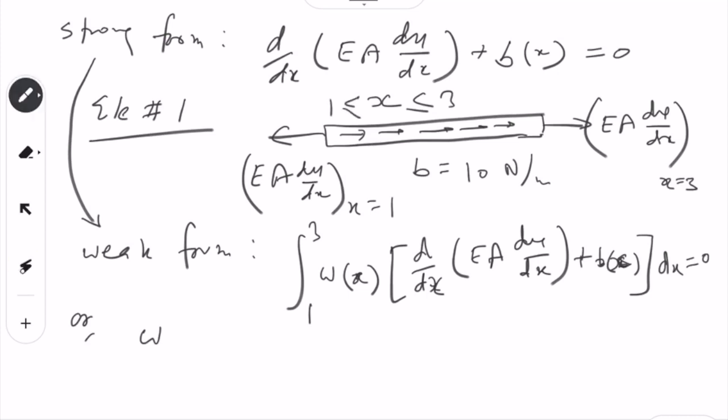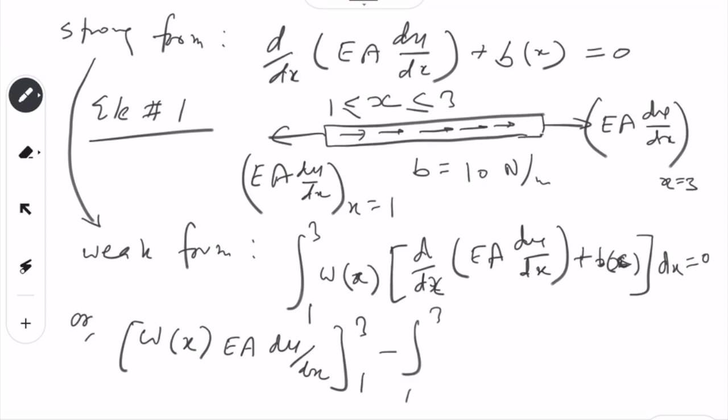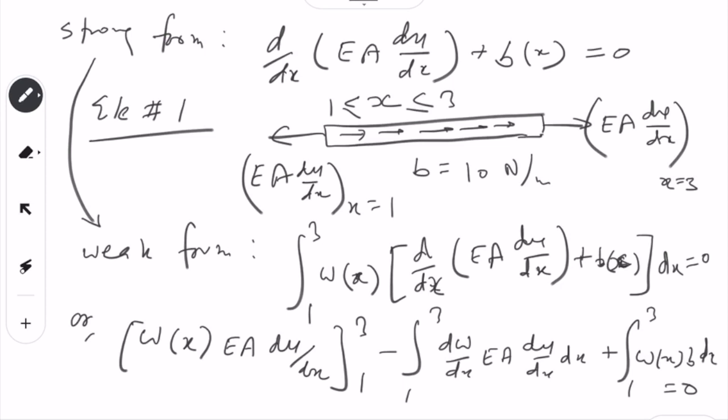So we have Wx EA du over dx evaluated from 1 to 3, then minus the integral from 1 to 3 of dw over dx EA du over dx, and then plus the integral from 1 to 3 of Wx B dx, equal to 0.